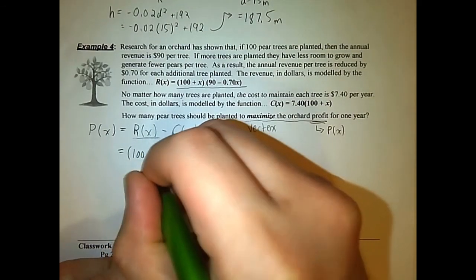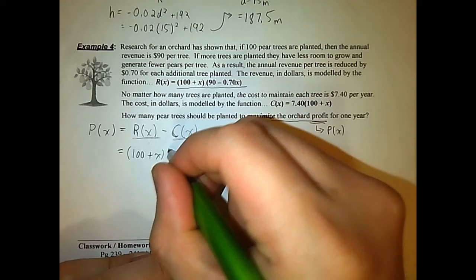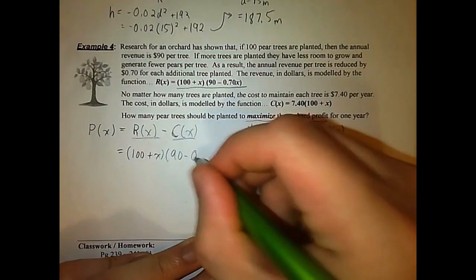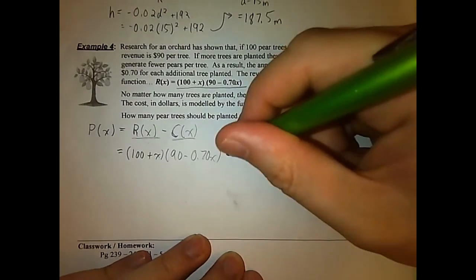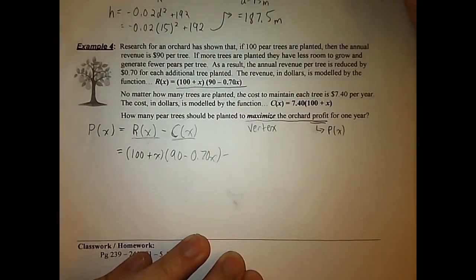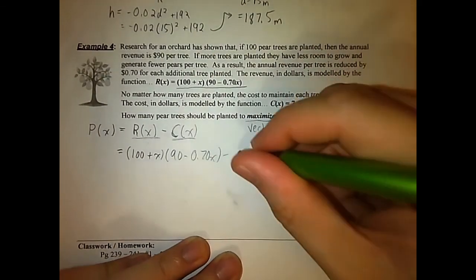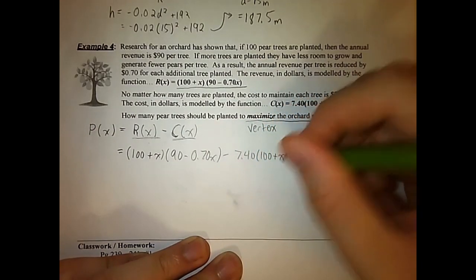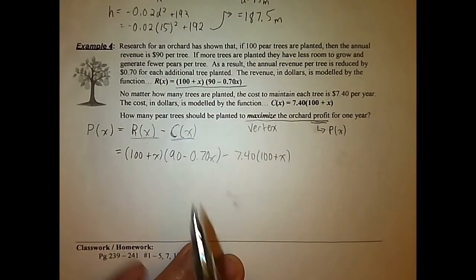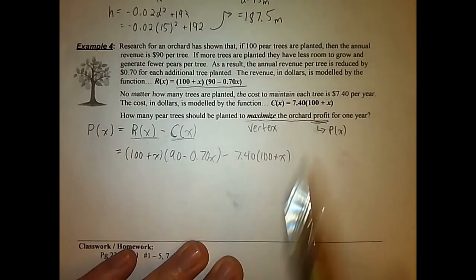(100 + x)(90 - 0.70x). And then we're going to subtract from that the cost equation, which is this, 7.40(100 + x). So we're going to subtract these two equations, and I want to put it in vertex form.